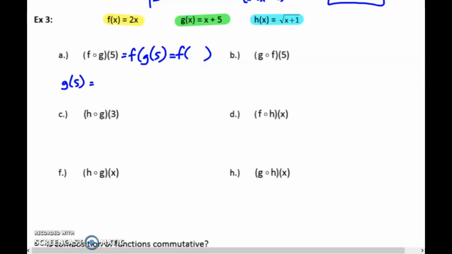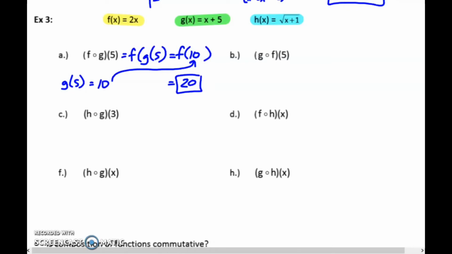All right, so g of 5 is taking our input plus 5. It's going to be 5 plus 5. That's simply going to be 10. Then what we do is we take that and plug the 10 into f. And you evaluate f of 10. So f is simply 2 times input. My input is 10. 2 times 10 obviously is going to give me a 20.